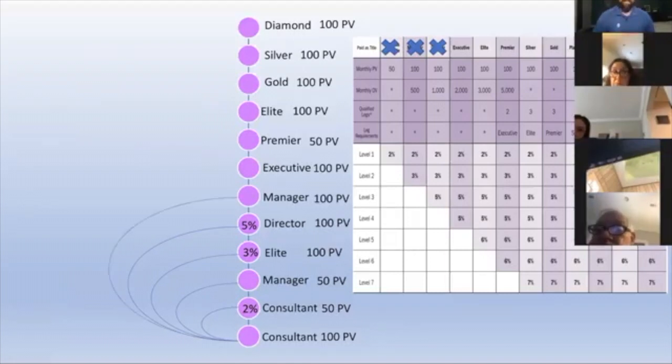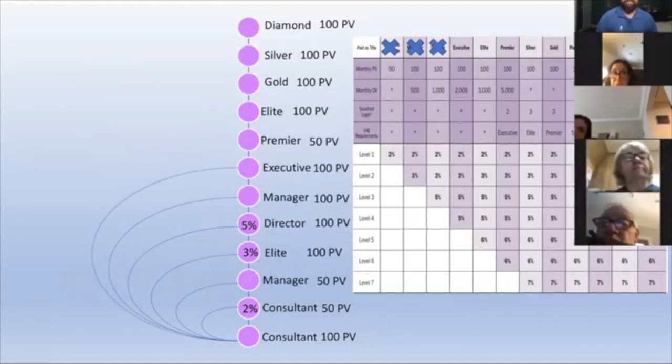So that manager doesn't meet the rank requirement, doesn't get paid. So we have to keep going up. Now, we're looking for an executive and we found one. The OV is there, and so that person will be paid 5%, and that cancels out that column.